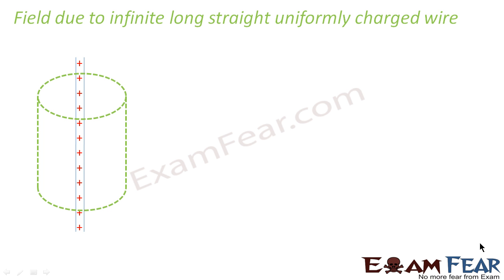Let us suppose this is my cylinder which encloses the charged wire. Now let us calculate the electric flux through this surface, because electric flux has to be through some surface, right? So now the total electric flux will be equal to the sum of the electric flux through the three surfaces. Here you have three surfaces.